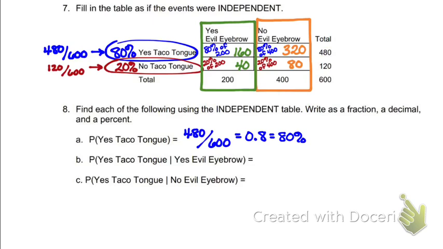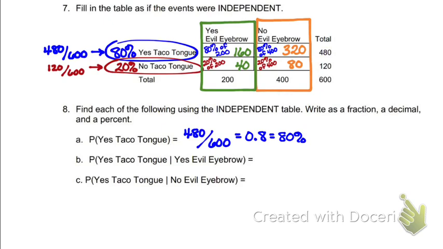Probability for yes to taco tongue given that they are a yes to evil eyebrow. Where am I looking on the table? Because once I have a given, I'm not looking at the whole thing anymore. So I want to look at 160 out of 200. This is my given, so that narrows down where I'm looking on the table. Yes, evil eyebrow, I find that.